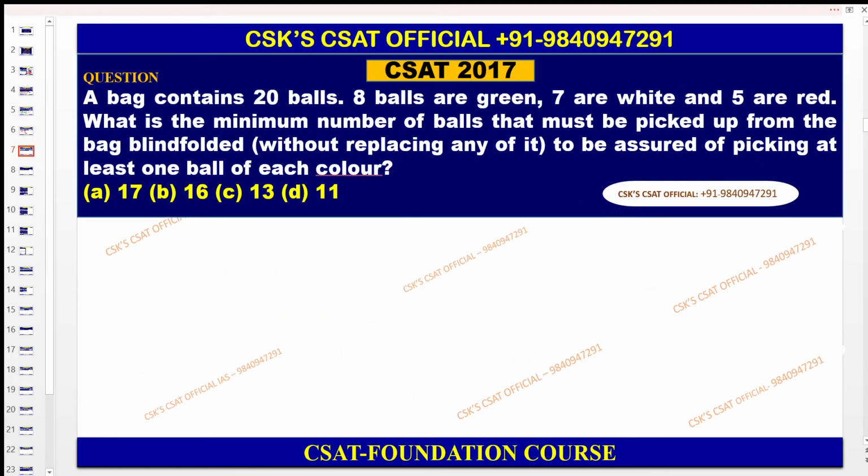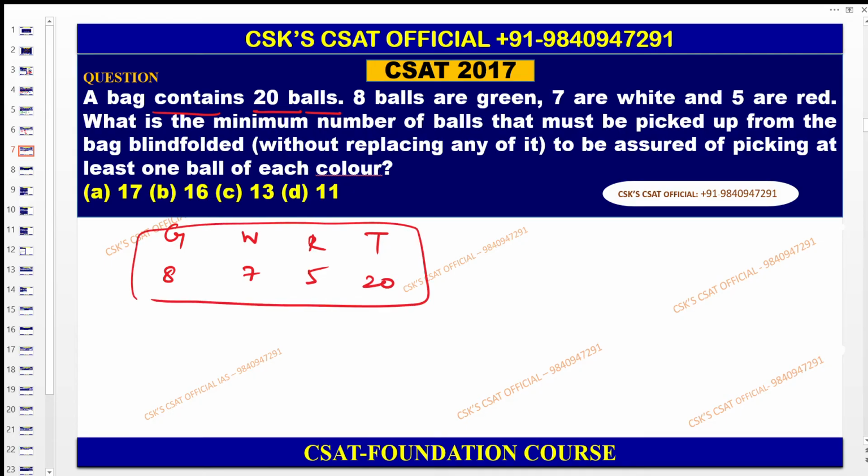Now the next question. Simple. A bag contains 20 balls. Green is 8, white is 7, red is 5. The total is 20. Now this is very important, there is a possibility to make a mistake.